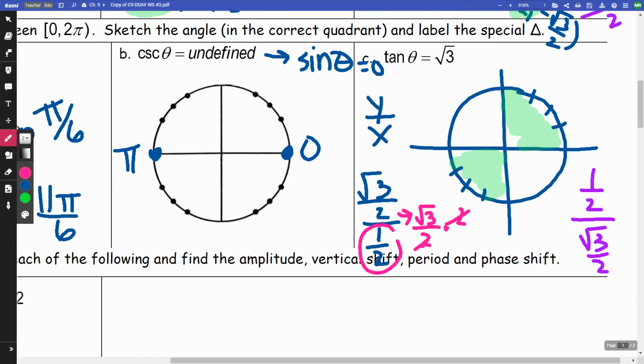And so that's going to be the one I want. So I basically want my y to be root 3/2. So that is going to be short comma long, which is going to be pi over 3, and over here, 4 pi over 3. Those are going to be my two answers.